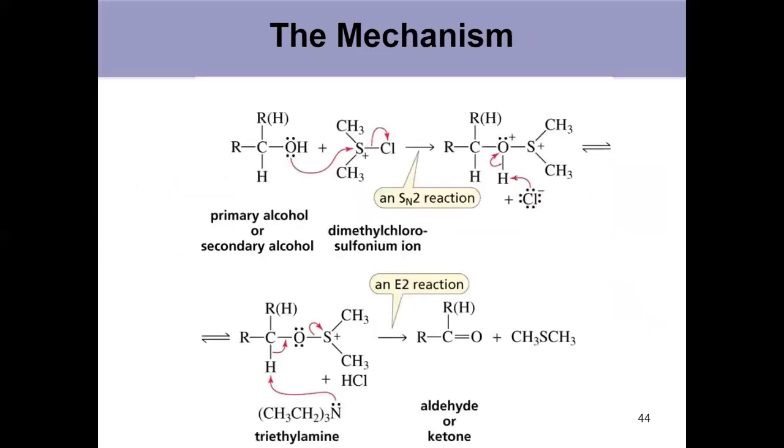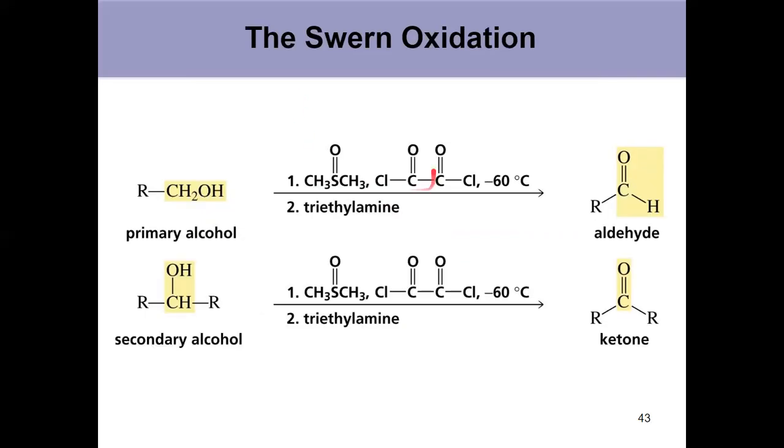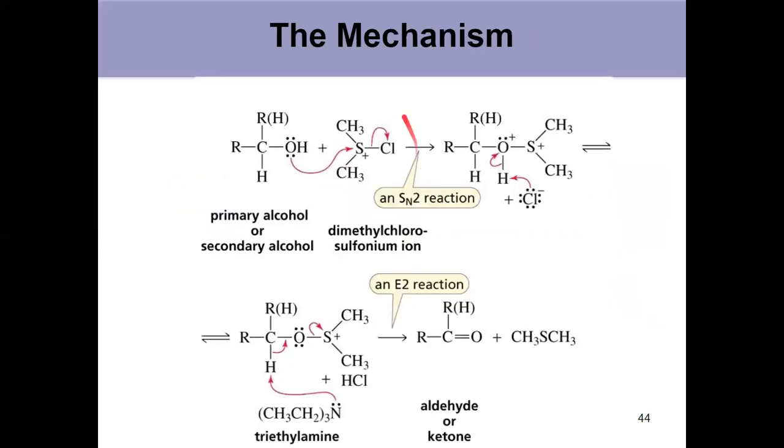Consider the mechanism. The reason that I use DMSO and oxalyl chloride together is that in solution, you put those two together and it generates the dimethylchlorosulfonium ion, which is used to activate your alcohol. It gives you a much better leaving group.